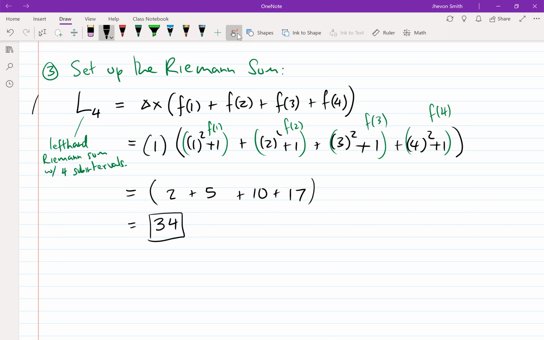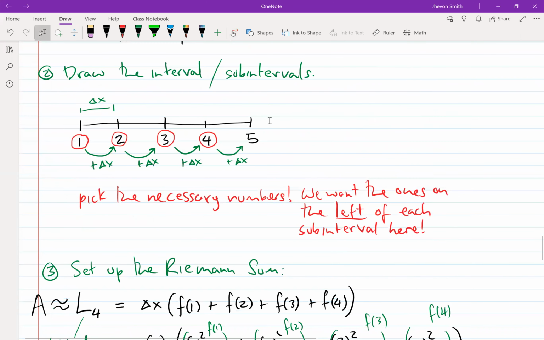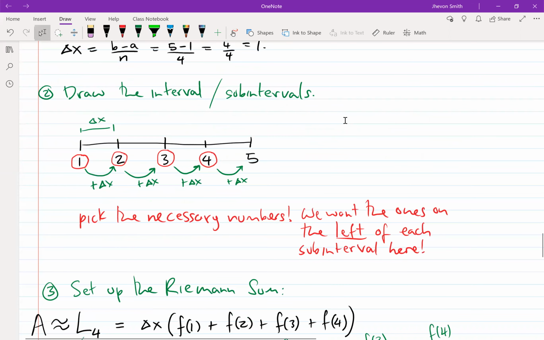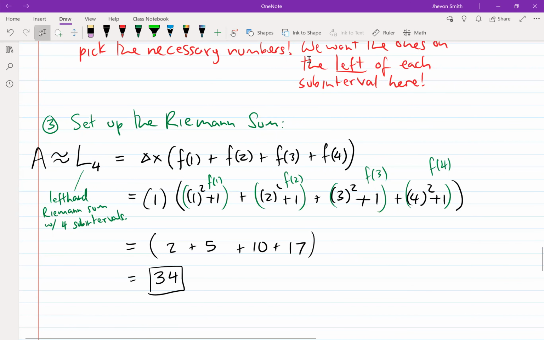So now our area is approximately equal to this approximation with 4 subintervals, and this gives us 34 as the answer. Hopefully that was clear. And that's basically what a problem would actually look like for you to write it out.